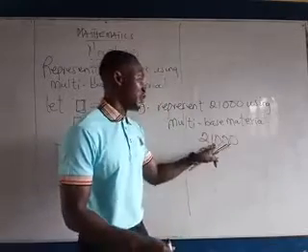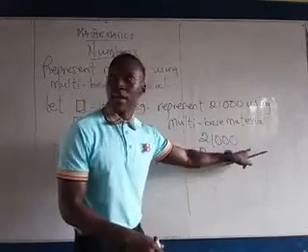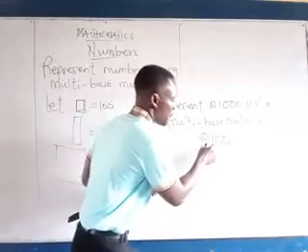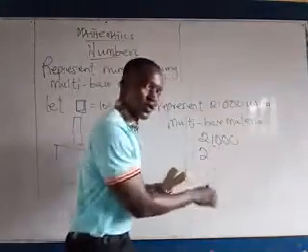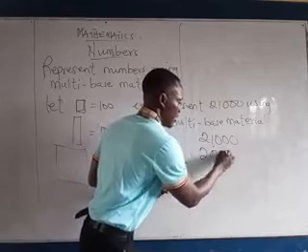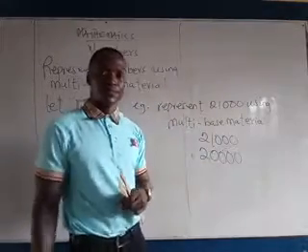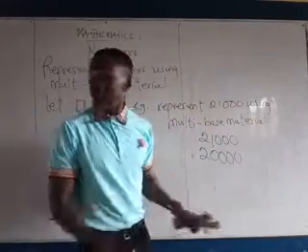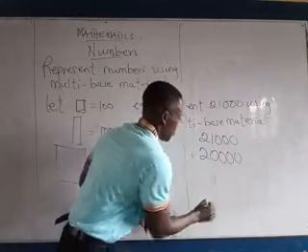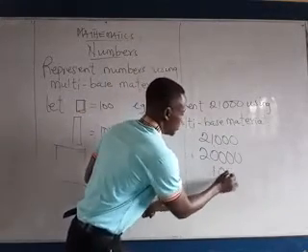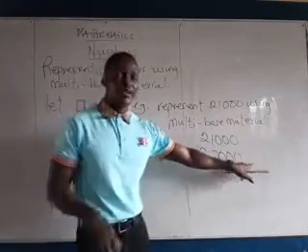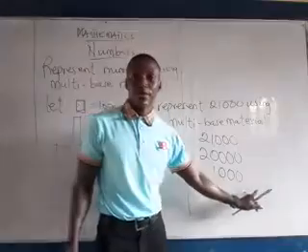Then you count the number of figures after it: 1, 2, 3, 4. So we represent the 4 by zeros. And also you pick the 1, and the 3 figures after it are represented by zeros. So now we have 20,000 and 1,000.